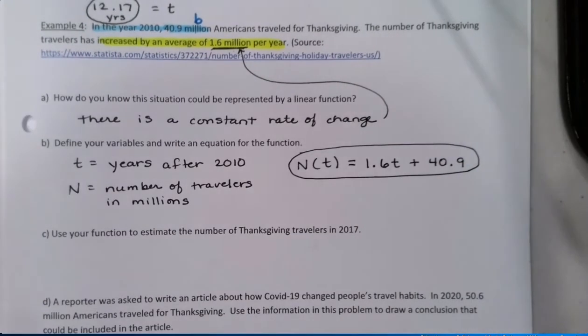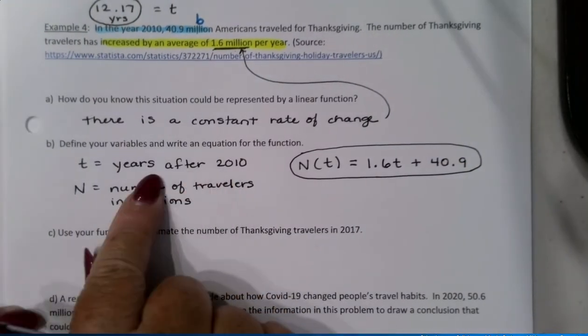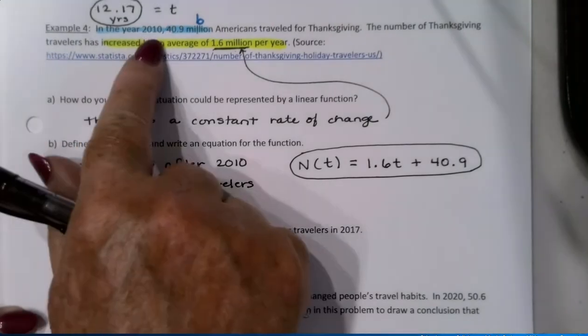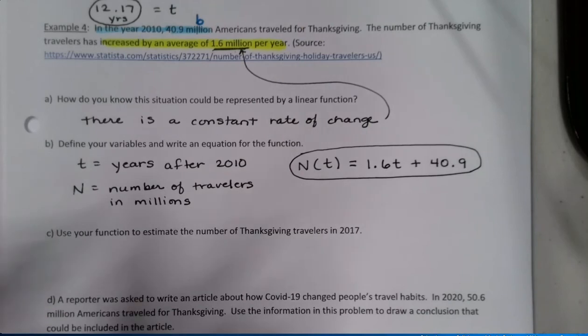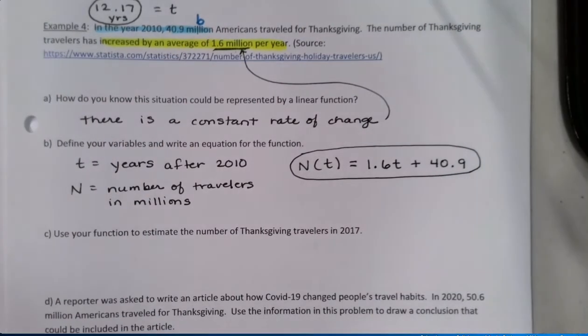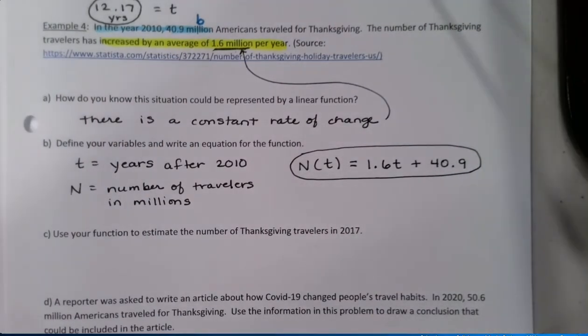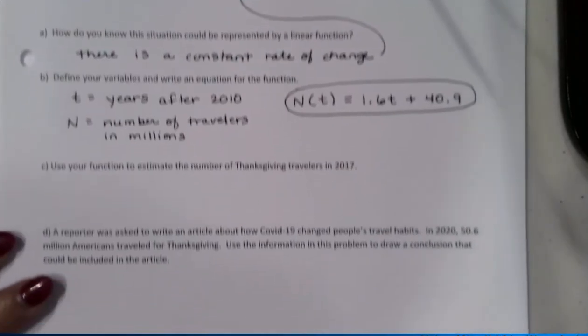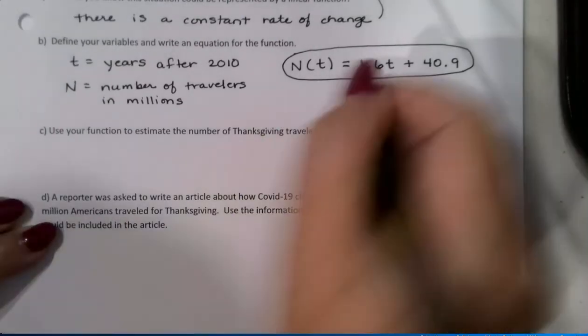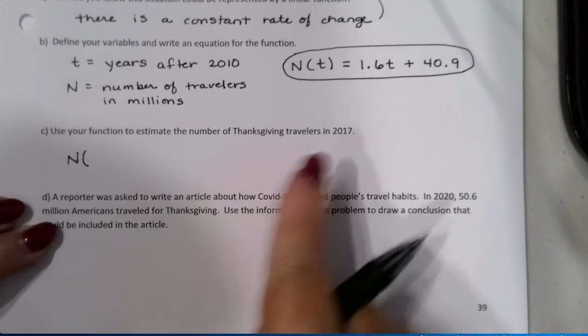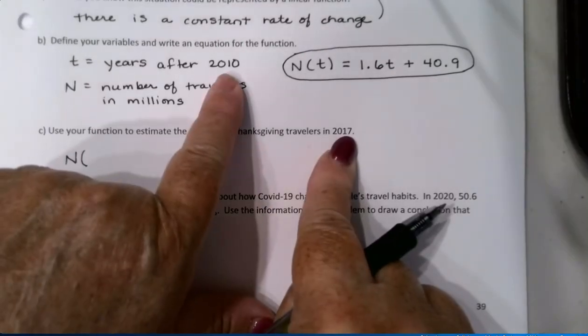That's actually a big advantage of having set my t as years after 2010. It meant I knew what happened in the t equals 0 year. And that meant I really knew my b value right away. Very helpful. Right. Next question, use our function to estimate the number of Thanksgiving travelers in 2017. So let's see, I want to estimate n, and 2017, that would be 7 years after 2010.